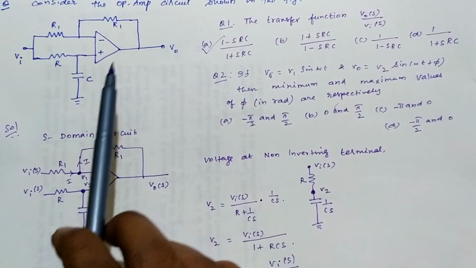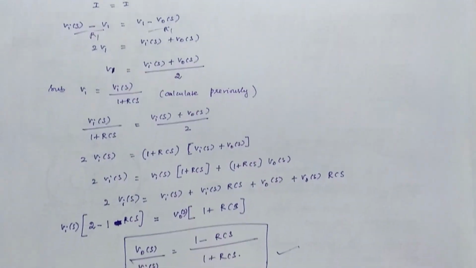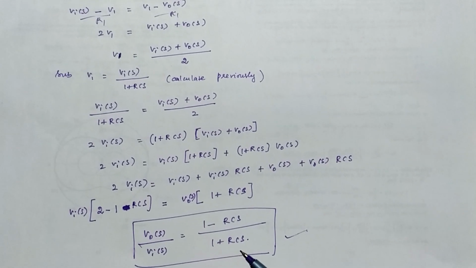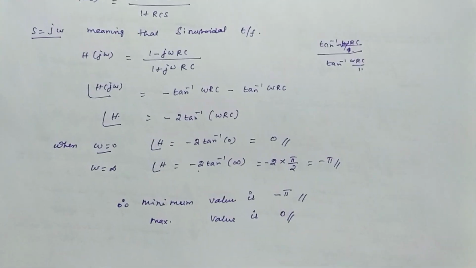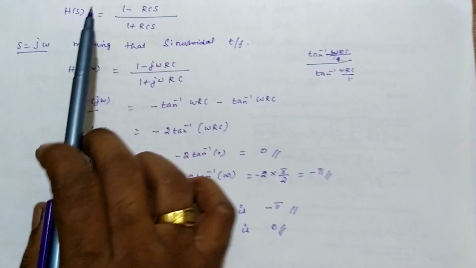For this arrangement we derived the transfer function as 1 minus RCs divided by 1 plus RCs. So we will take that as H of s.